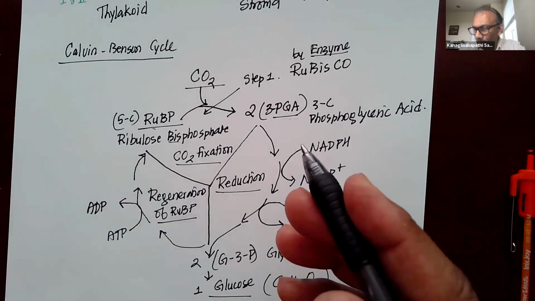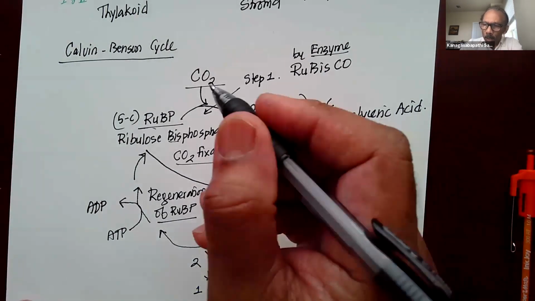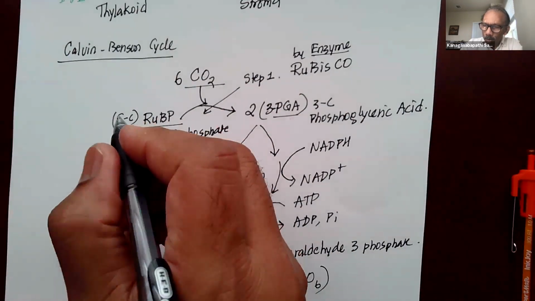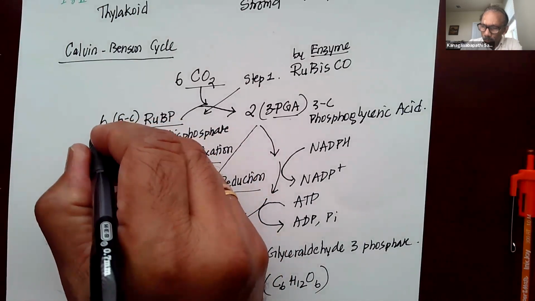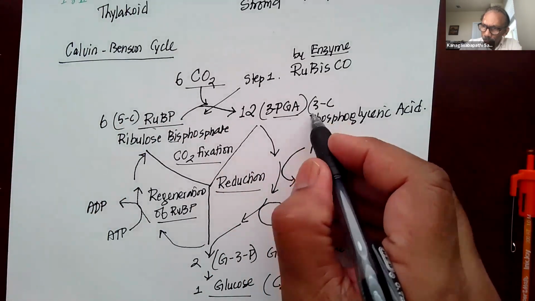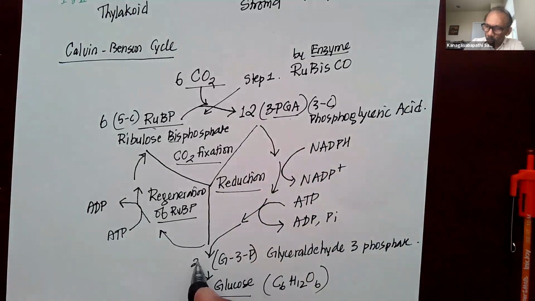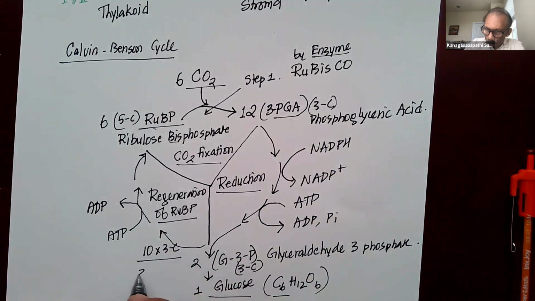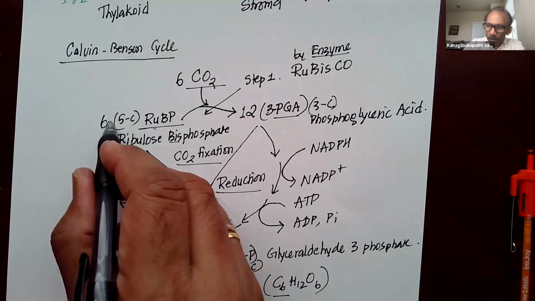Okay, there are different ways people write this equation, but the ideal way to make one glucose, you have to put in 6 carbon dioxide, and you have 6 5-carbon molecules that will make 12 3-phosphoglycerate, a 3-carbon molecule, and out of which 2 3-carbon molecules combine to make one 6-carbon molecule, and the remaining 10 3-carbon molecules, that's about 30 carbons total, are going to become 6 5-carbon molecules.